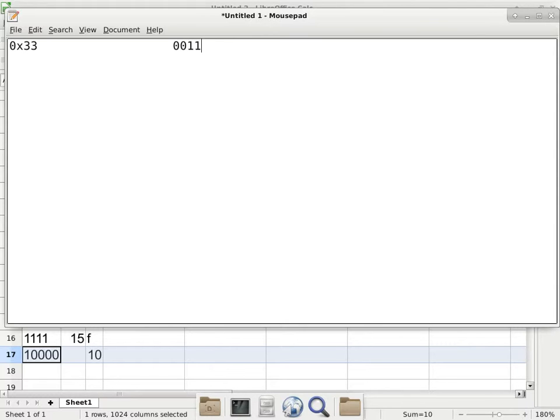Okay? So then we look at the second least significant digit, which is also another 3, and that will be the more significant part of this, which is also 0, 0, 1, 1 in this case. So the binary representation of hexadecimal 33 is 0, 0, 1, 1, 0, 0, 1, 1. Is that okay?